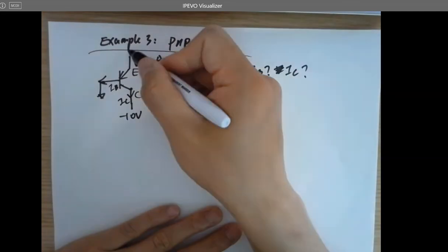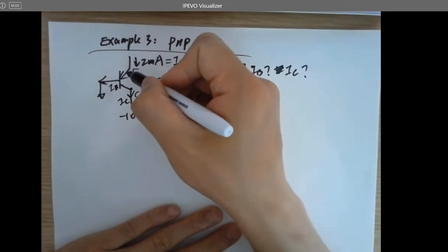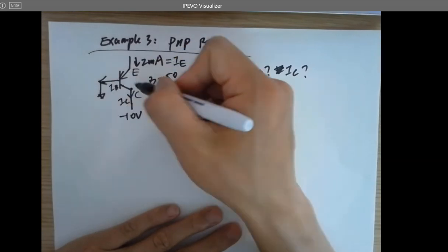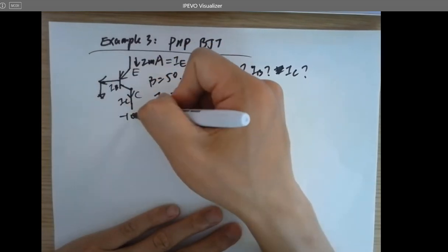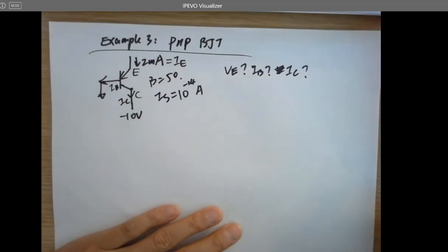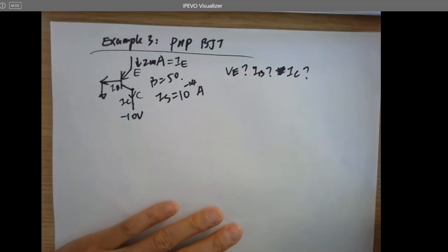One current flows down and is split into 2 currents, one getting to the base, another getting to the collector. So where to get started? It follows the same rules.